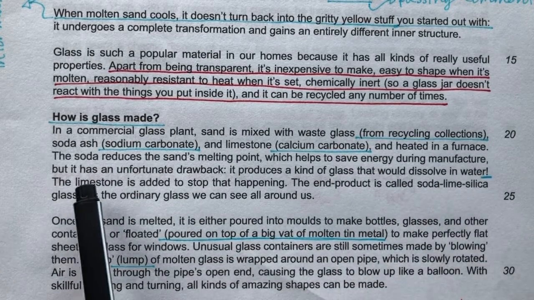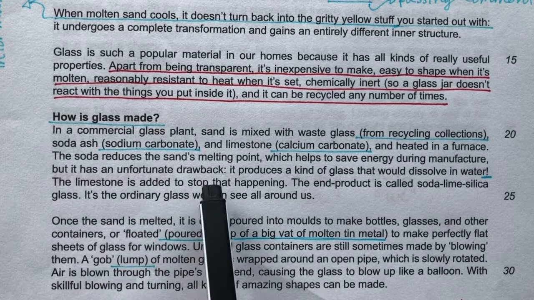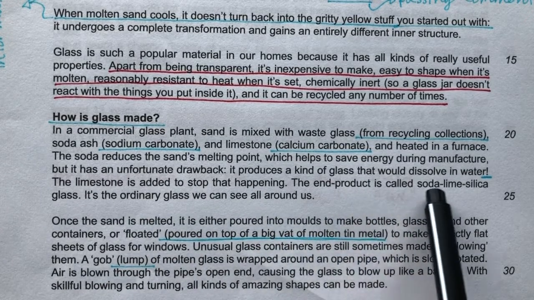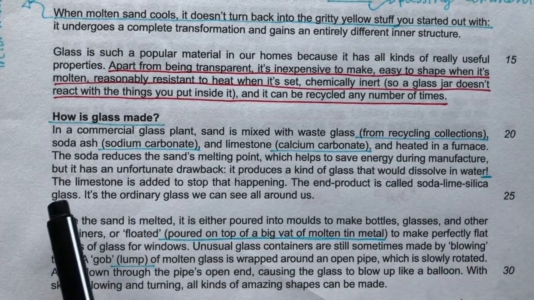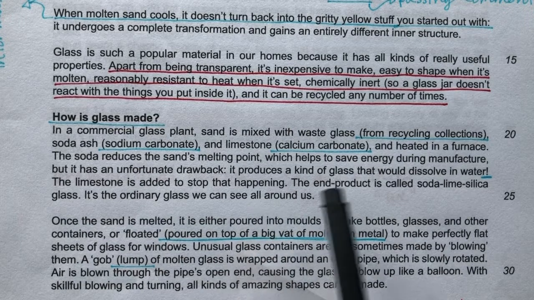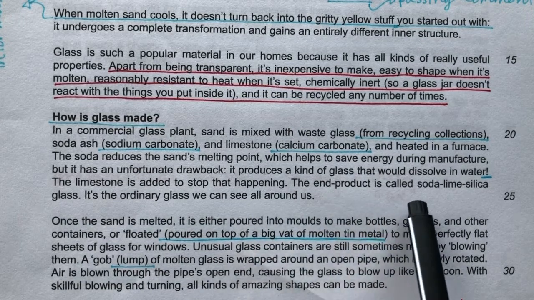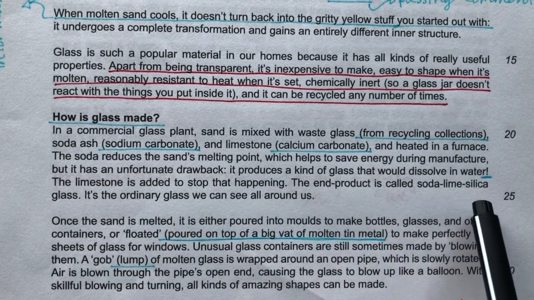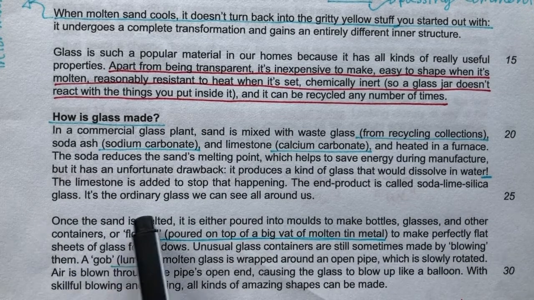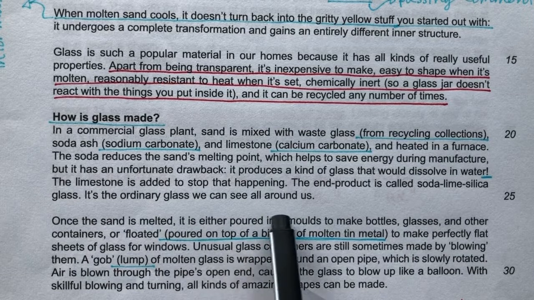But it has an unfortunate drawback. It produces a kind of glass that would dissolve in water. The limestone is added to stop that happening. The end product is called soda lime silica glass. It's the ordinary glass we can see all around us.